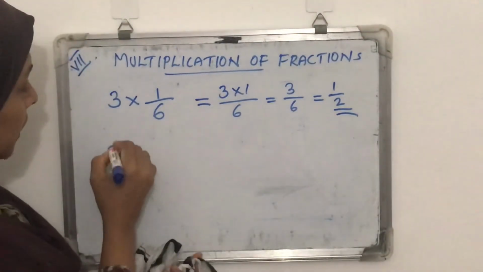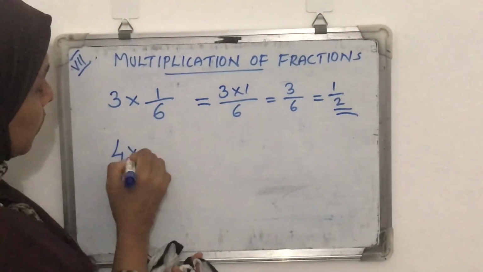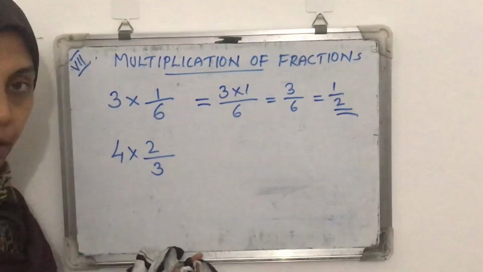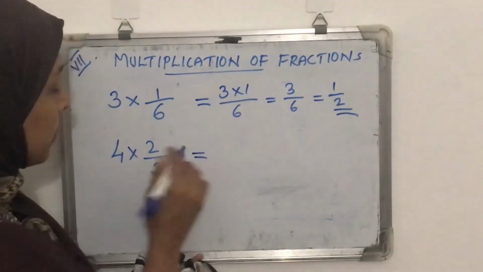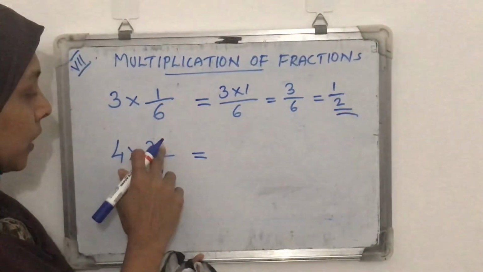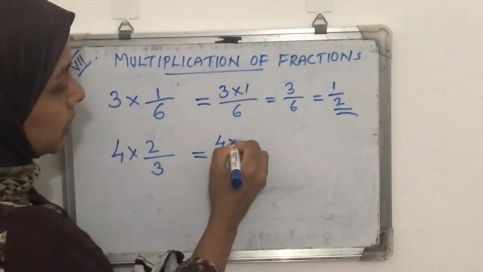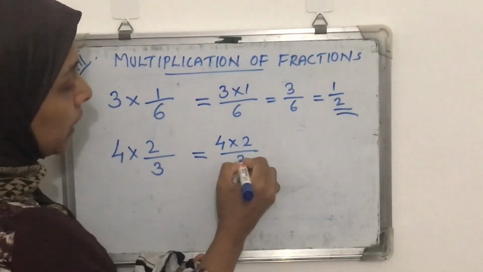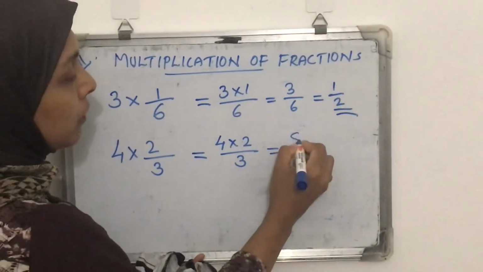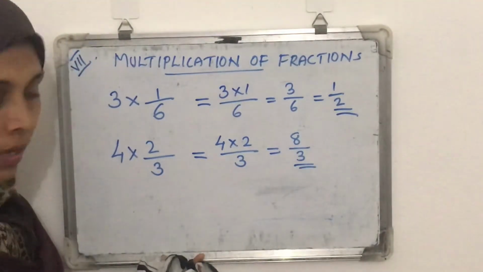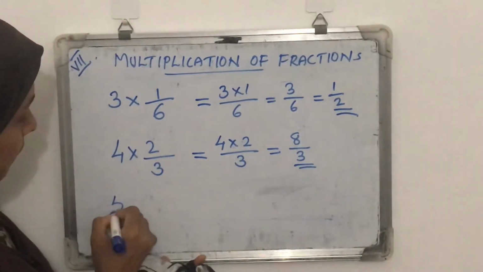Now look at another, 4 into 2 by 3. Here the whole number is 4 and the numerator of the fraction is 2. Multiply 4 into 2 first. That means 4 into 2 is 8, so 8 by 3.